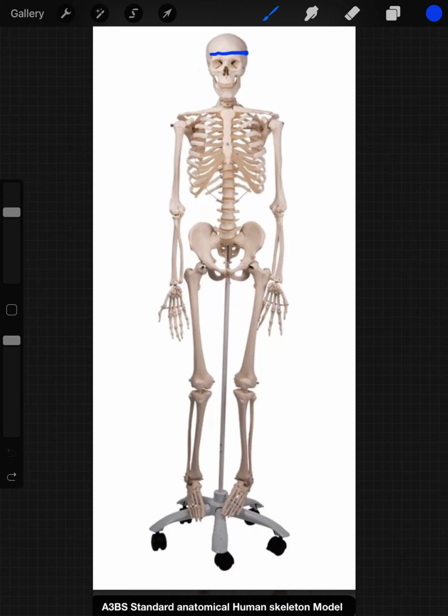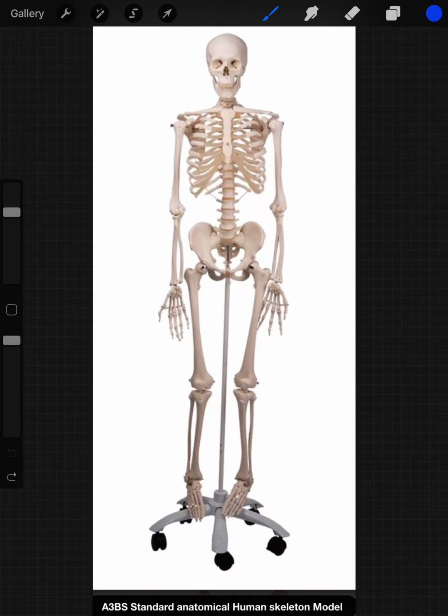If we were to measure just the width of the skull itself, we can see that there's about 1, 2 skulls within the rib cage location. Another way to go is if we just look at the skull again itself, we can see that it's about the same length as the sternum. So that equals out. We know the rib cage is going to be slightly longer, so that could be about 1.5 heads in length.